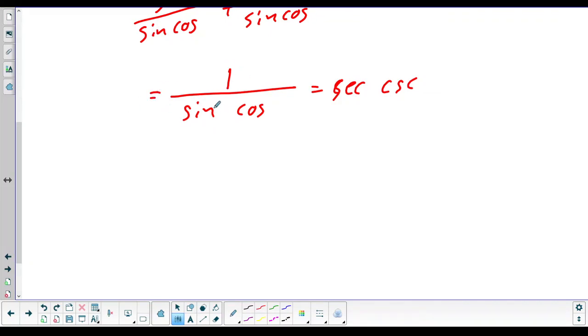This is the same thing as 1 over sine times 1 over cosine. You've just multiplied them together and turned them into 1, right? You multiply the tops together, you multiply the bottoms together. Same thing. Let's use this. 1 over sine, oh, that's cosecant. Whoops, not cosine. Cosecant. 1 over cosine, oh, that's secant.